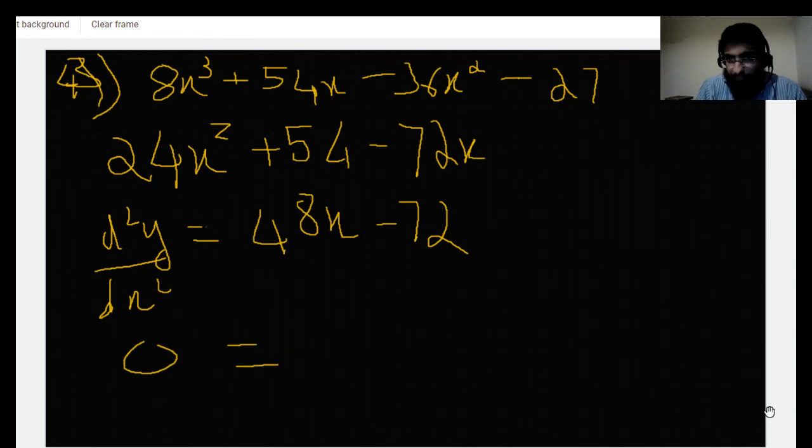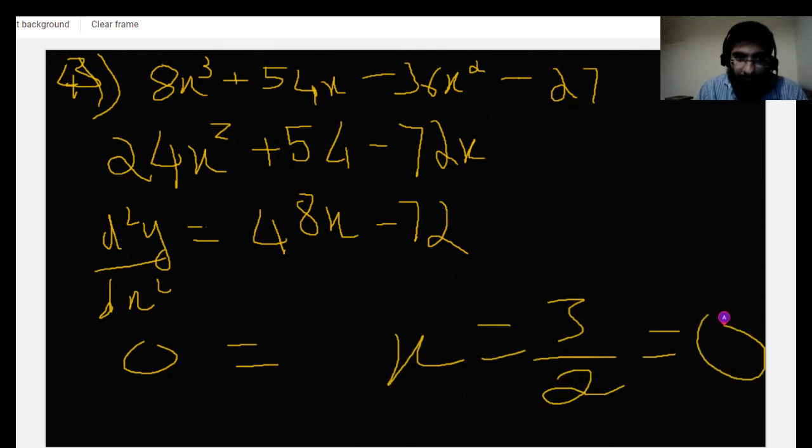And then 72 divided by 48 gives me 3 by 2, so x is equal to 3 by 2. Done. Perfect. Okay.